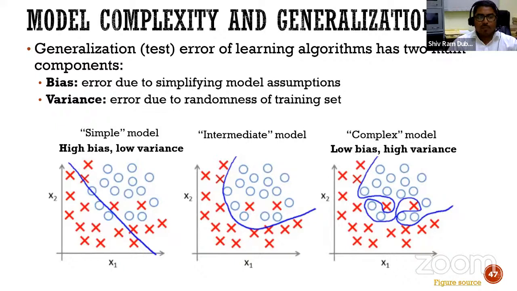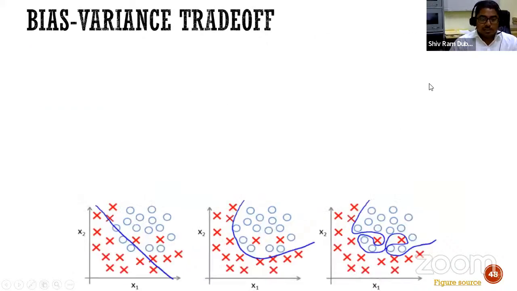Underfitting means its complexity is very low and it is not able to perform well even on the training data, so we need to increase the complexity of our model. When we have low bias and high variance, that signifies that our model is very complex and it is overfitting. In that case we need to look at the generalization aspect, and that's what we will see in the second part.